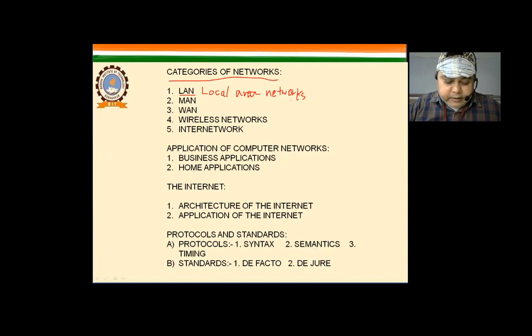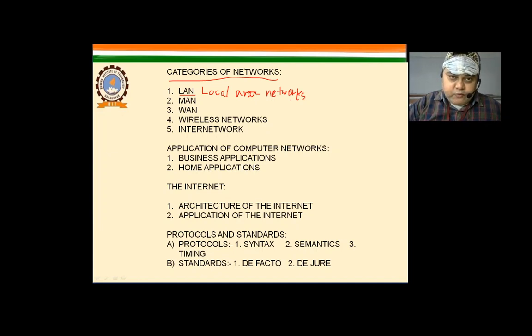And the category into which networks fall is determined by their size. What type of size is created among the different groups of communicating devices forming these networks, and the group of networks constitutes the internet.